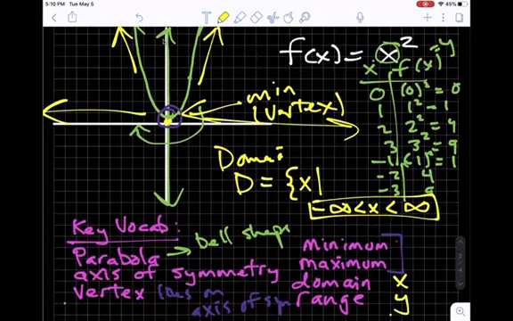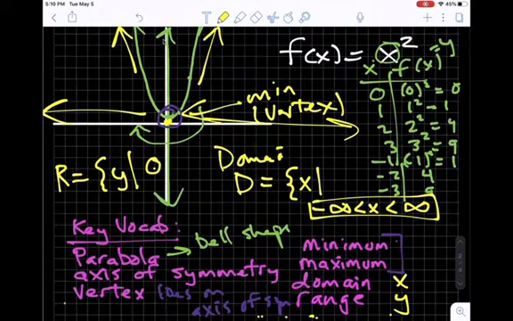For the range, the ranges on these are usually going to be restricted. The range is usually going to be from one point to positive infinity or from one point to negative infinity. So in this case, my range is going to be the set where y is always greater than or equal to 0.